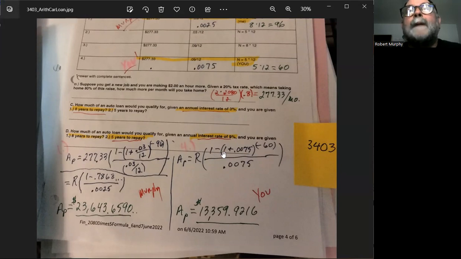So you've got 1 minus this mess divided by that, times 277.33. I obviously skipped a bunch of the steps, because frankly, if you didn't get the Murphy part right, you sure aren't going to get that part. So you need to practice on the Murphy calculation before you can do this one.